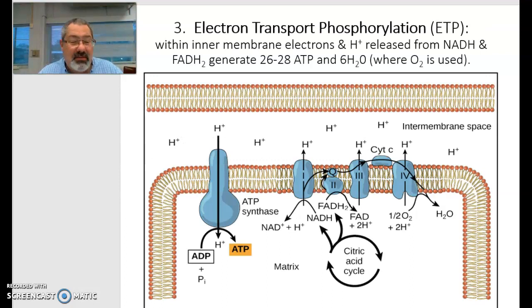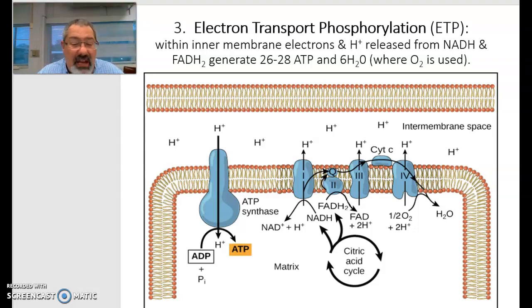The 3rd step of respiration is called electron transport chain or electron transport phosphorylation. It occurs in the very highly folded inner membrane of the mitochondrion. I ask you, look at the figure. The electron carriers, NAD and FAD, release hydrogen ions and electrons to a series of proteins.